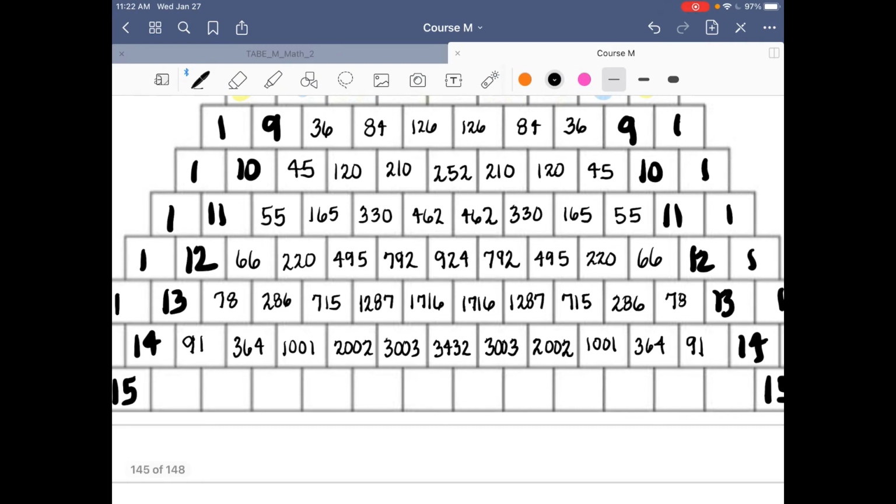And then the final row, we have 91 plus 14. 364 plus 91. 1001 plus 364. 2002 plus 1001. 2002 plus 3003.